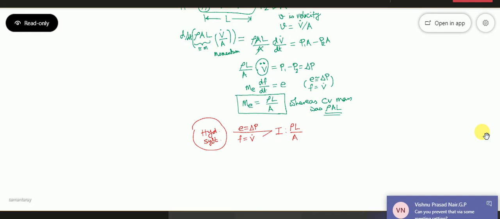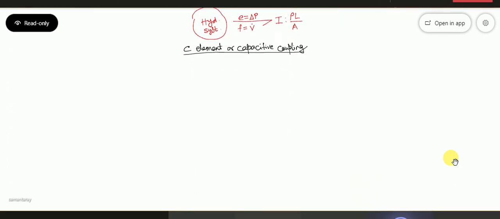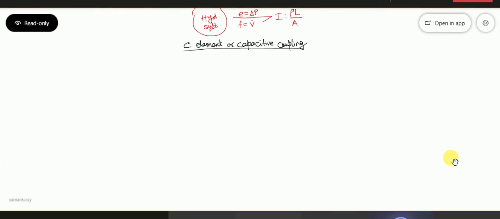So we will go to C element or capacitive coupling. There are various complex C elements. I will drop those because in your course those are not relevant.